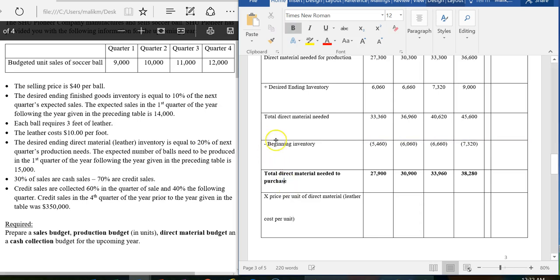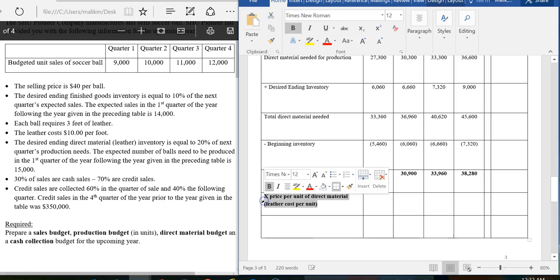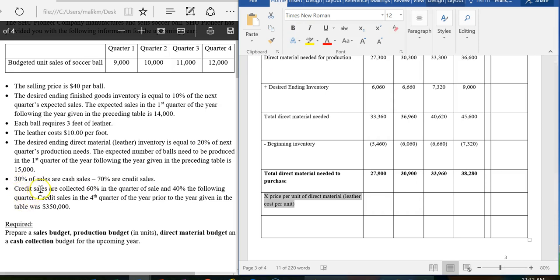If you check the problem, you will see that the leather cost is given here, $10 per foot. So now we're going to multiply everything by 10.